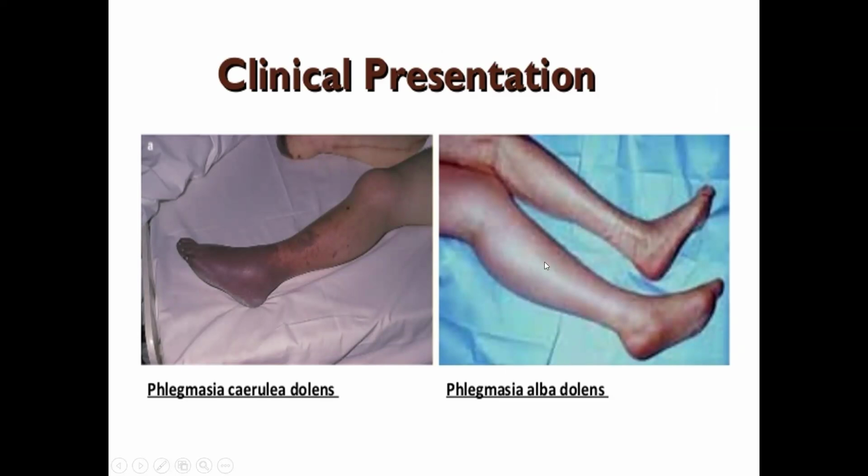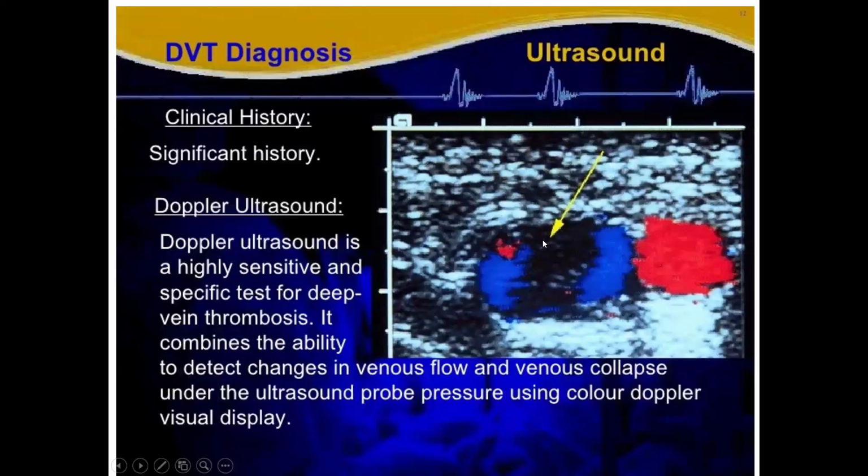This one, the leg looks completely white, and this one, bluish. These are uncommon things to see, but just for the sake of knowing, these clinical findings can help you out with your diagnosis. Of course, doing a duplex scan is the most important thing. All right. The history and the duplex.